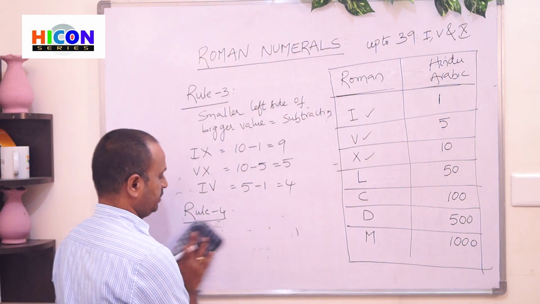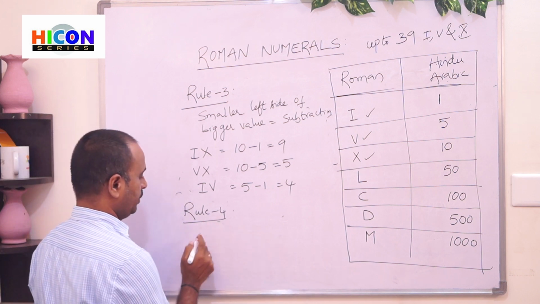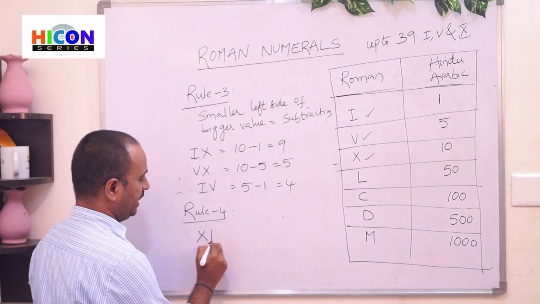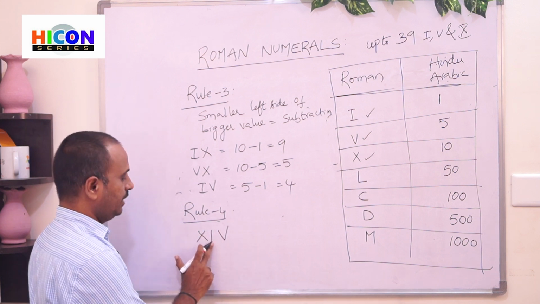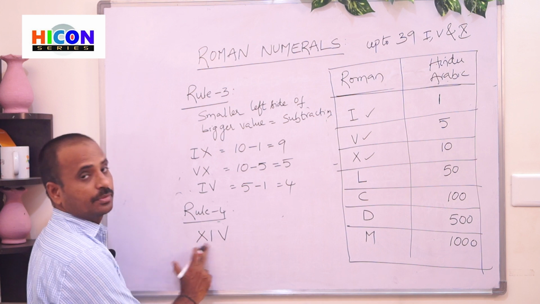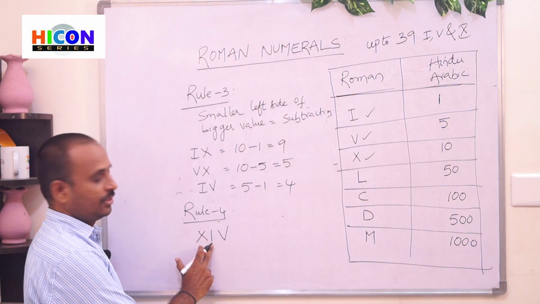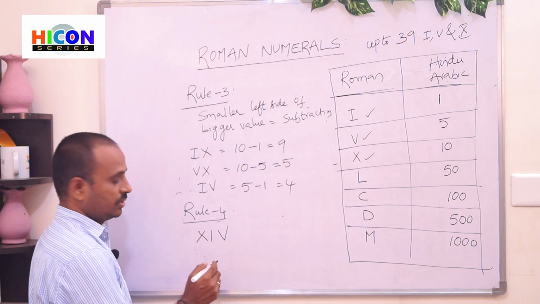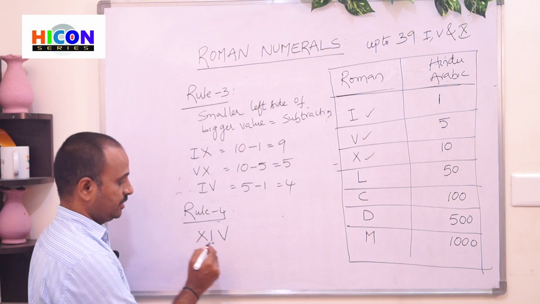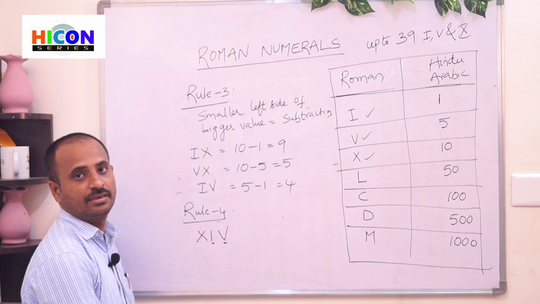So this is an example. Children, let us see one more example. For example, X, I, V. Here I is the smaller value and the smaller value is placed in between its bigger values. X is bigger than I and V is bigger than I. So if a smaller value is placed in between its bigger values, we subtract the smaller value from the bigger value present on its right side.